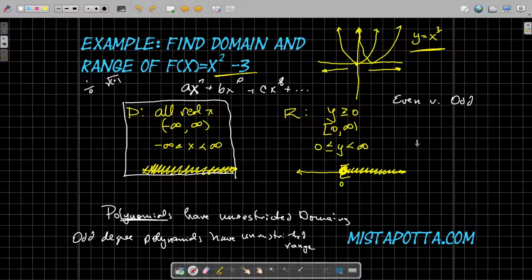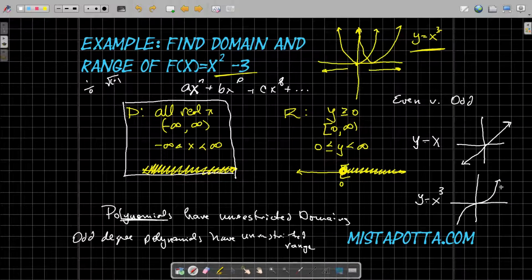So if I think about y equals x, my graph of y equals x is a straight line that goes forever up and forever down. If I think of y equals x cubed, then I'm going to have a graph that does something like this and then like this as well. But again, forever up and forever down. My even polynomials are always going to have some hump in here along the way that's going to keep me from going forever in one direction.